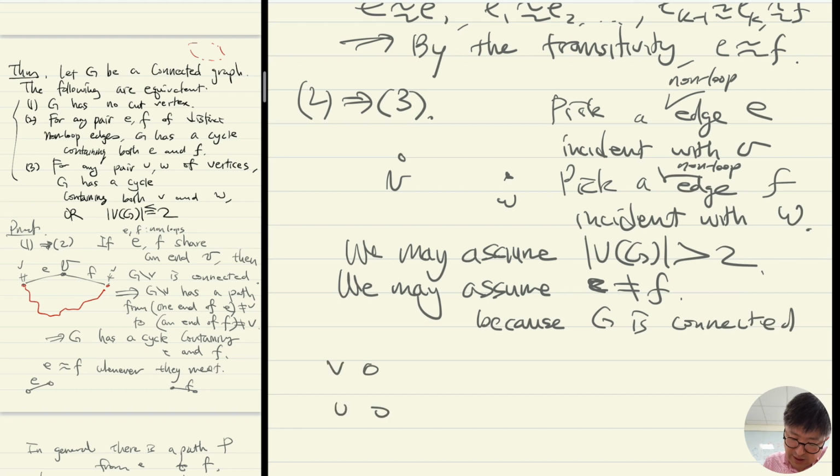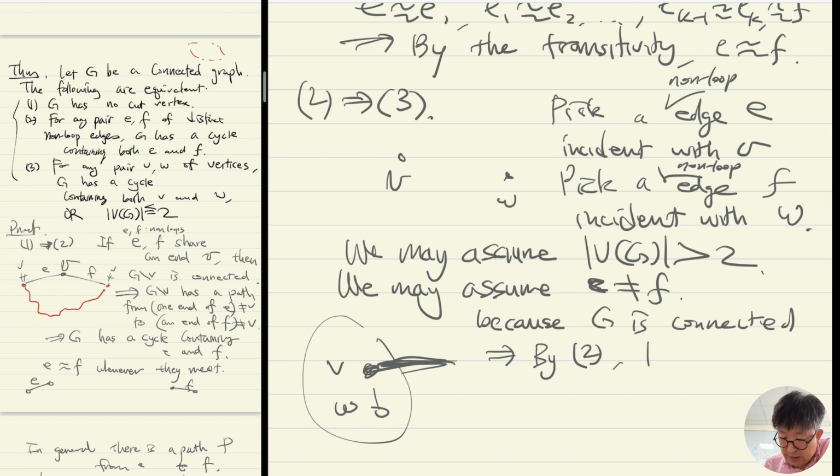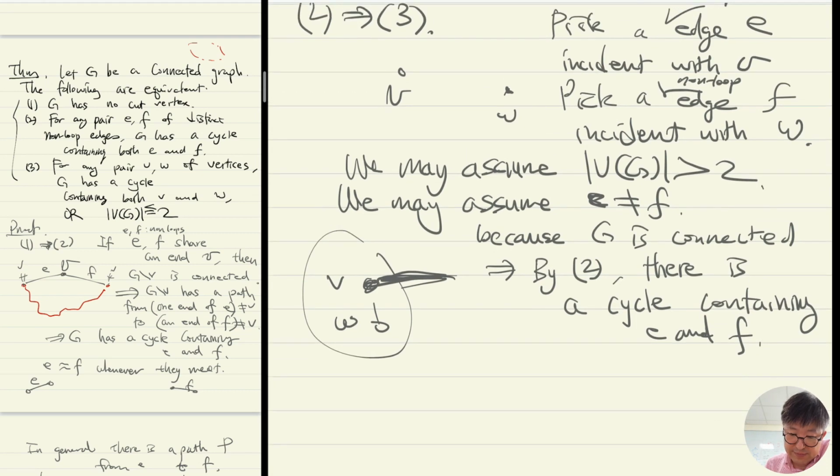You have V and W, the graph is connected, so there must be at least one edge connecting V and W to the outside world. So you choose this one for E or F. Then the other edge will not be equal to that. So that means by 2 there is a cycle containing E and F. Okay, how about 3 implies 1?